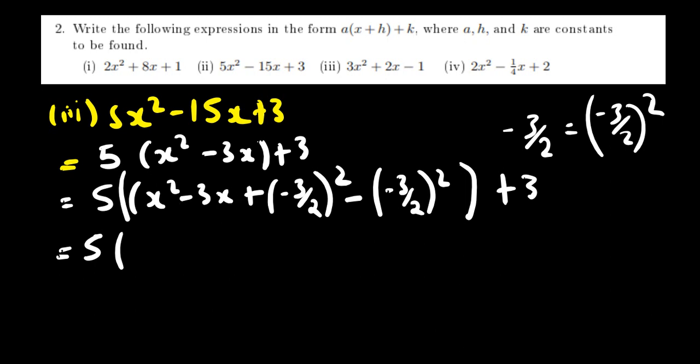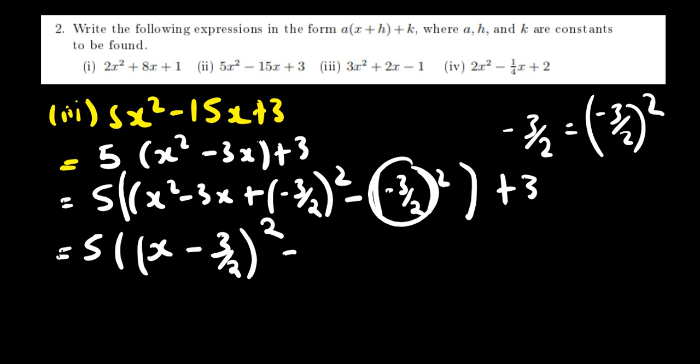So we have x minus 3 over 2, this is squared, minus the square of negative 3 over 2, which is 9 over 4. I'll close, plus our 3 outside.